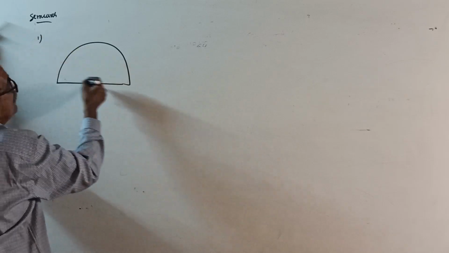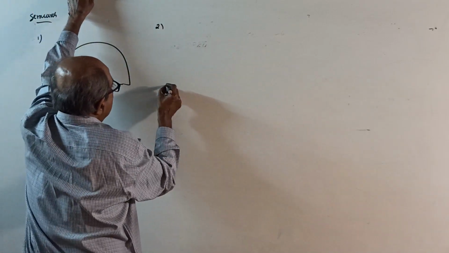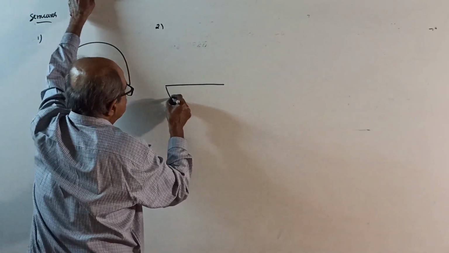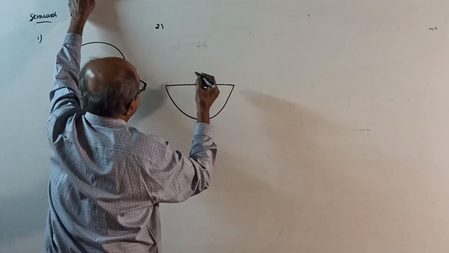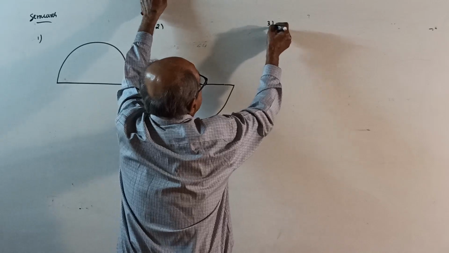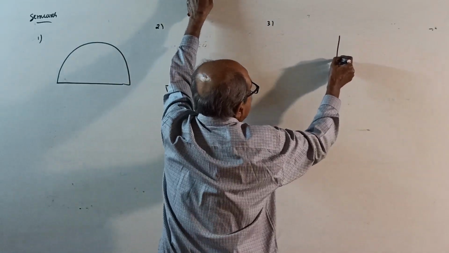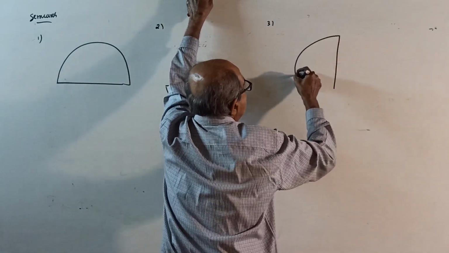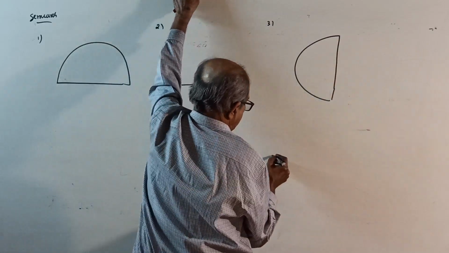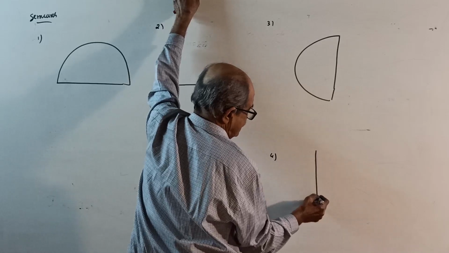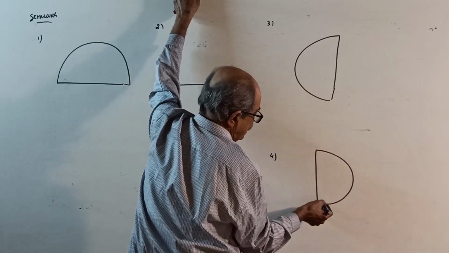Example 1. Example 2 I will take this way. Example 3 I will take this way. Example 4 I will take this way, so that there is no confusion at all.